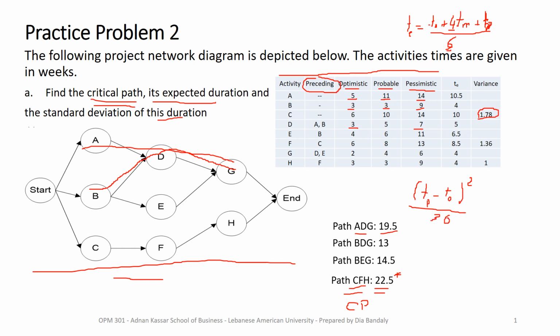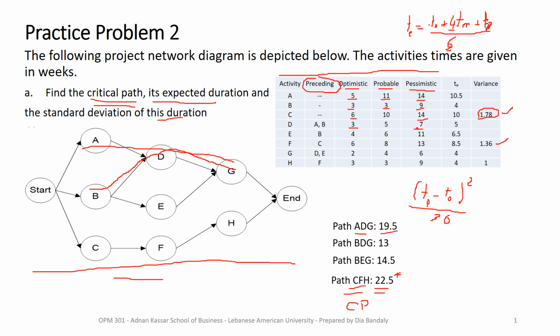Correct? So that's why the variance for activity C is equal to, sorry, I was showing you the wrong one. So activity C, that's 14 minus 6, that's 8. 8 squared, that's 64. 64 divided by 36, you get 1.78.